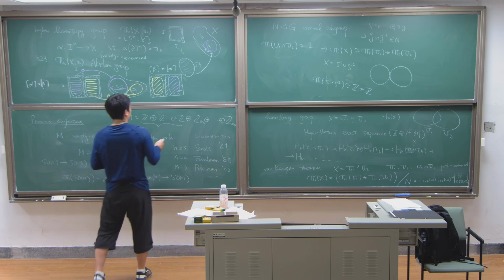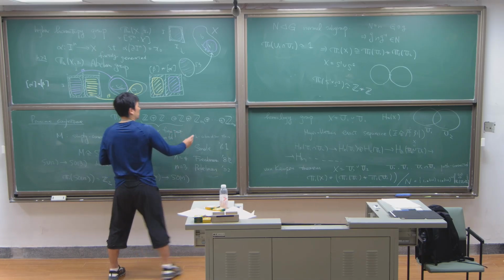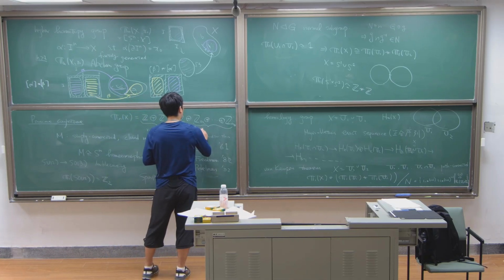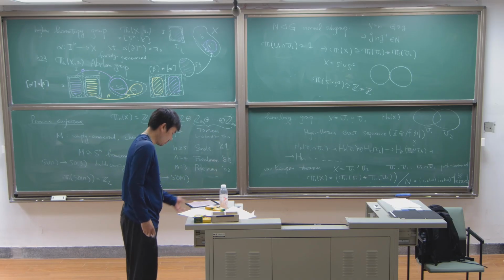If you have rank R, this is the free part, and this is called the torsion part. Okay, this is the notation.